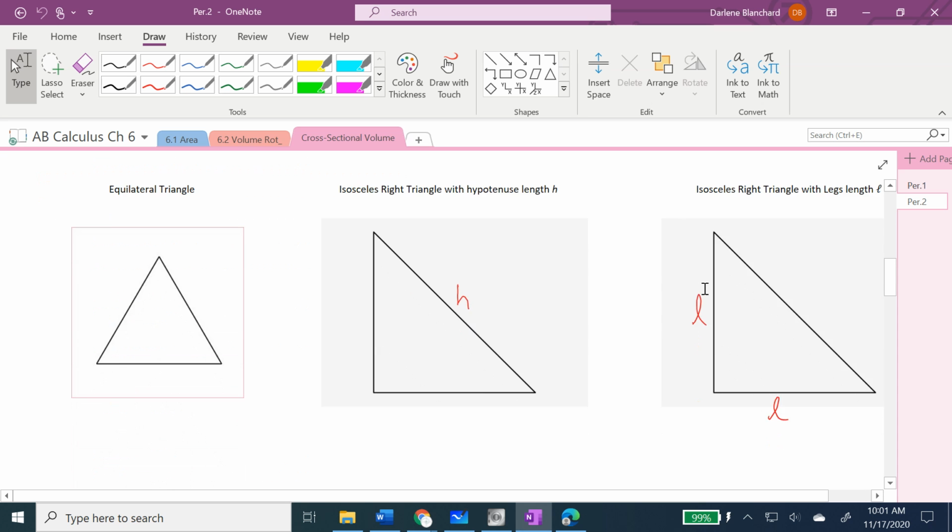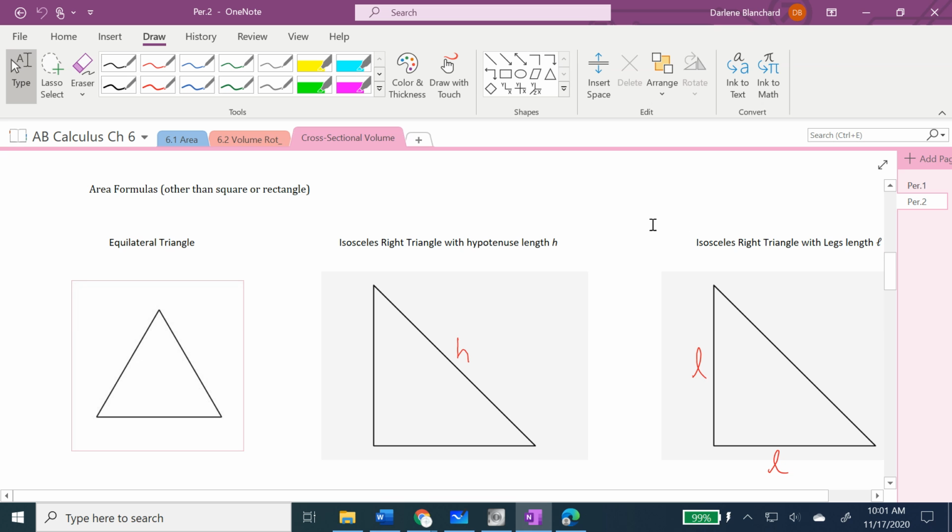Now, you need to be familiar with certain area formulas. So I'm going to take you through finding area formulas. Now, when I give you a quiz on cross-sectional volume, you need to know these area formulas.